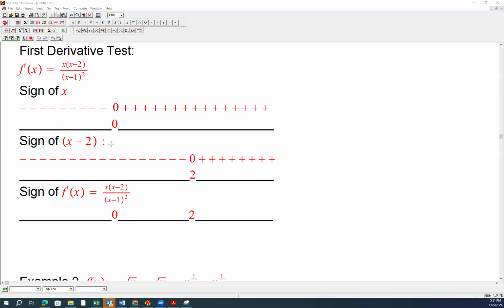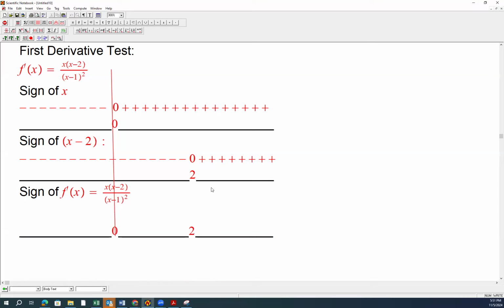Okay. When it's less than 0, negative times negative, that's positive. Okay, so that's going to be positive. And then in the middle, here is positive times negative, which is negative. And above 2 is going to be positive.